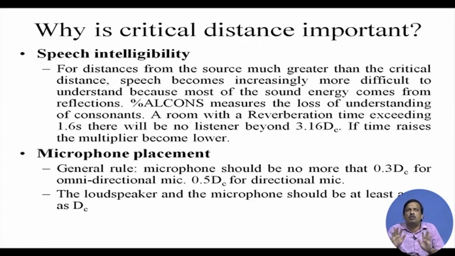To get a good audio system in an auditorium, if I know the critical distance of that auditorium, then the distance between the loudspeaker and microphone should be at least 1 dc. Okay. So, dc is important, that is why we have calculated the critical distance.